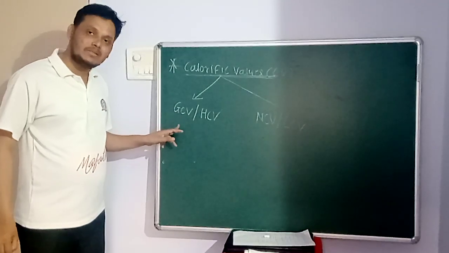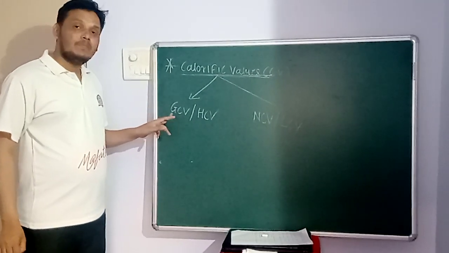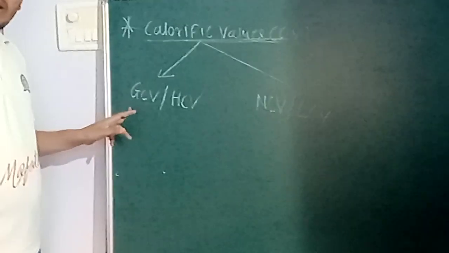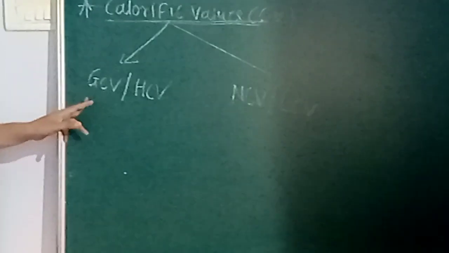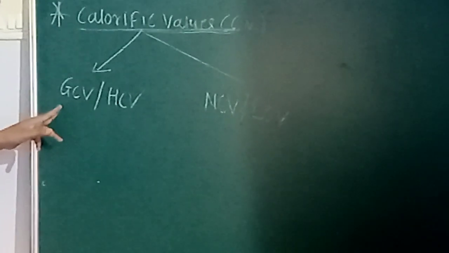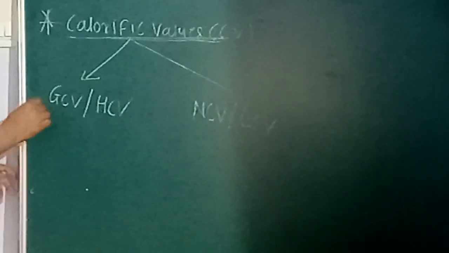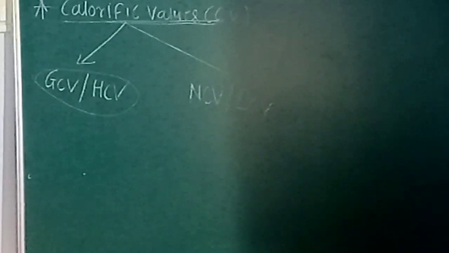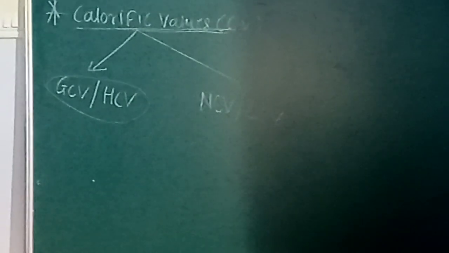So what is meant by the GCV? GCV is defined as the total quantity of heat liberated by unit mass or unit volume of the fuel and cooling the product of combustion to 15 degrees Celsius. It is called gross calorific value, also called higher calorific value.